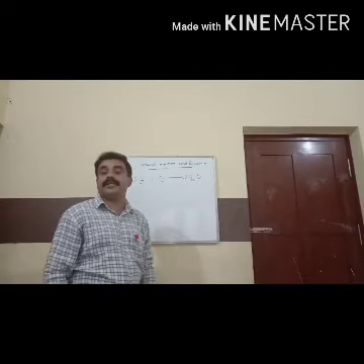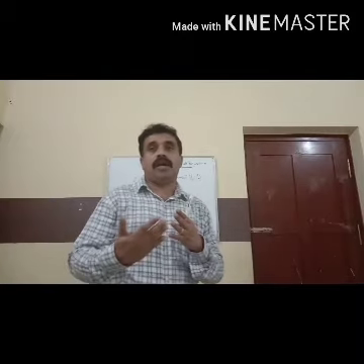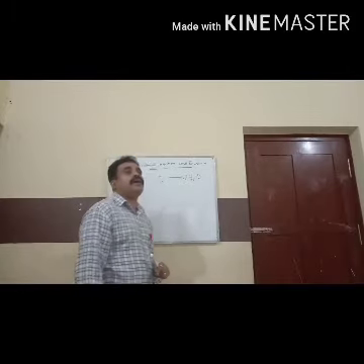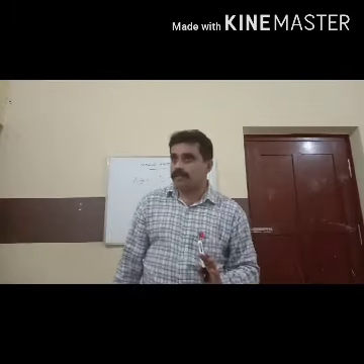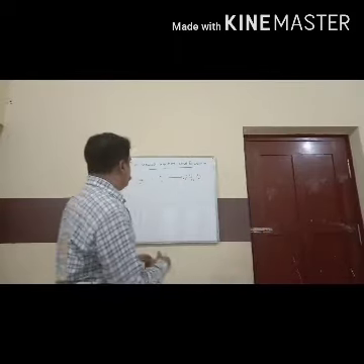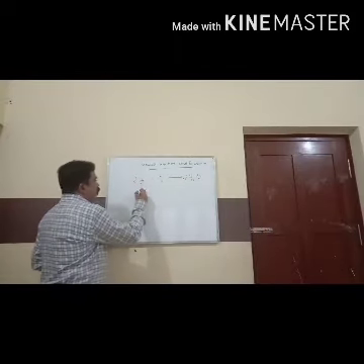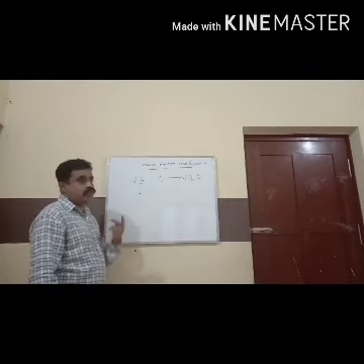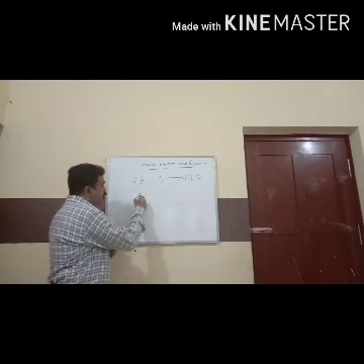So it is balanced. We will check now the molecular mass in the reactant side as well as the product side. And we will see whether it obeys the law of conservation of mass. Earlier we said H2 had molecular mass 2, now it is 2H2, so it will be 4 here.